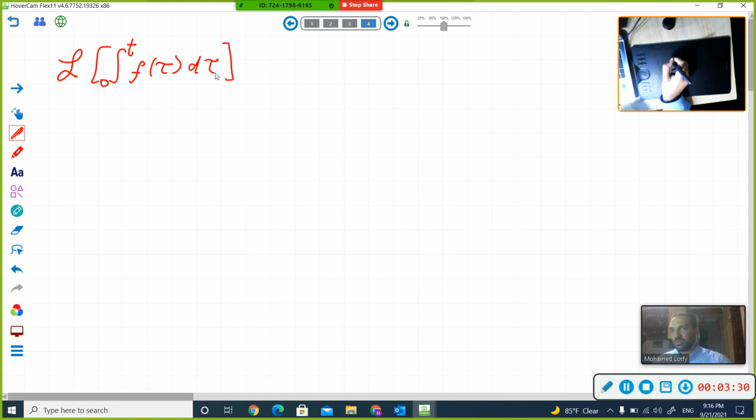Notice that finally it will be a function of time, because each tau will be replaced in the limits by t and 0. So this is in the time domain, and we are asked to get the Laplace transform in the S domain.